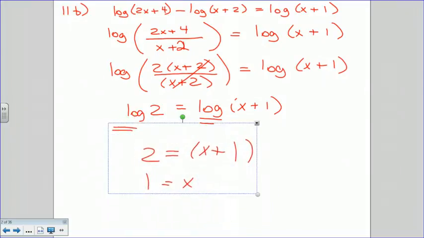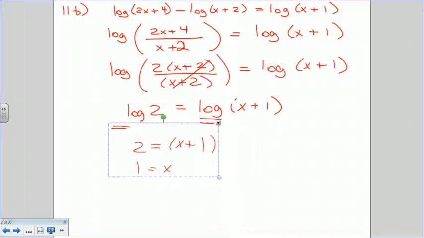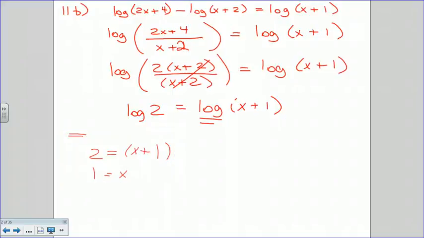Now I'm going to show you another way to do that. For this question, this very well was the best way to do it. But there's going to be other questions where what I'm doing in green is going to be the better way. I am going to bring the log base 10 of 2 to the right and have the equation equal to 0. So that becomes log of x plus 1 minus log of 2.